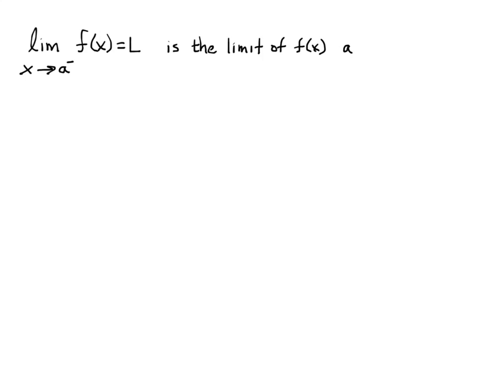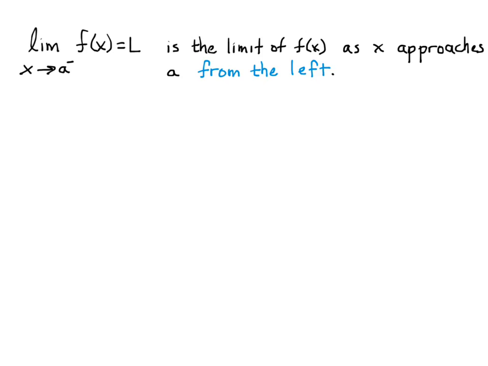Some of this notation I've introduced before: when we put the little negative sign as a superscript to the right of a, that means the limit of f at x as x approaches a from the left, from the negative side. So you're going this way, starting from negative infinity, going to my value of a.